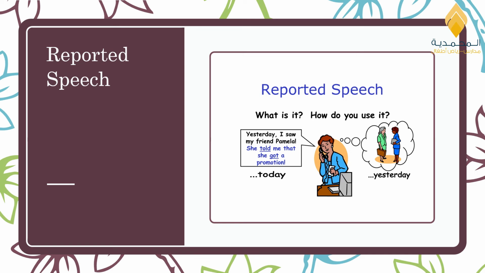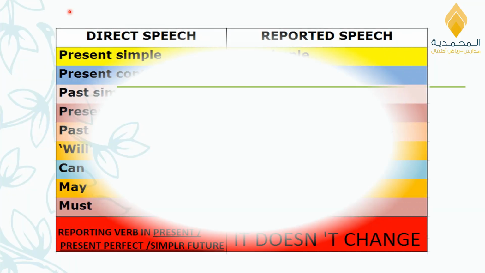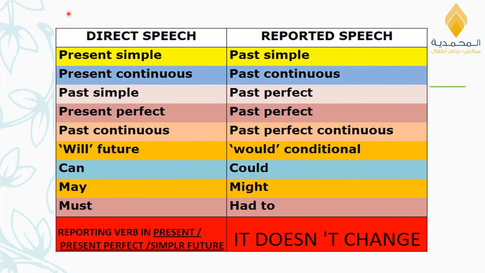The next topic we need to review is reported speech. We previously agreed that when we change from direct speech into reported speech, we take the tense one step back.